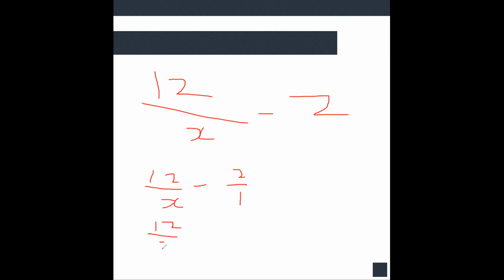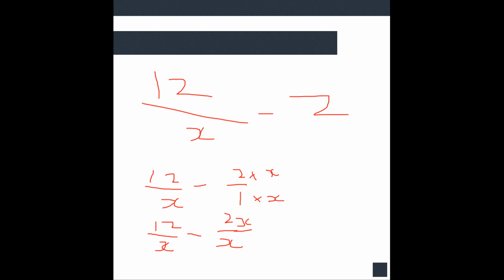So it's 12 over x minus 2 over 1, and this becomes 2x over x, because you have to multiply both the top and the bottom. So it's 2 times x. Then we lose the x's.